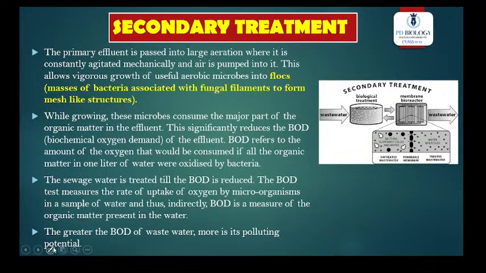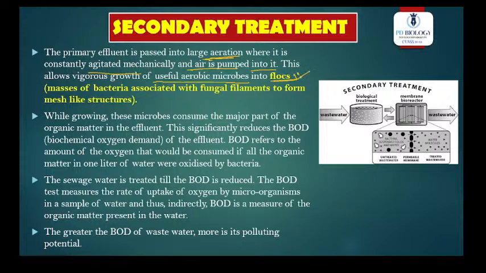So after primary treatment, the secondary treatment. Look at here, the primary effluent is passed into a large aeration tank, where it is constantly agitated mechanically and air is pumped into it. This allows vigorous growth of the useful aerobic microbes in the presence of oxygen into flocs.